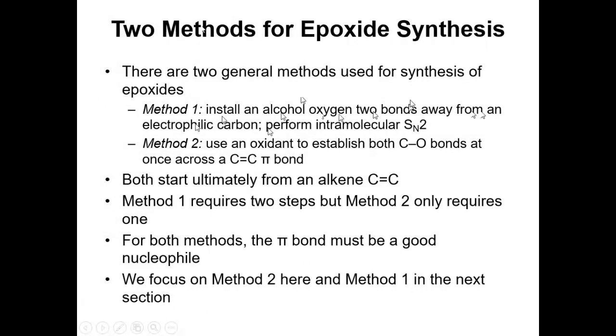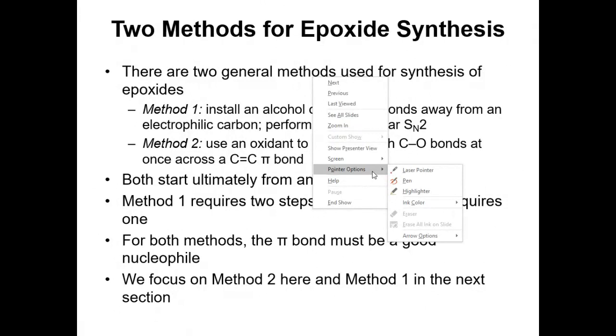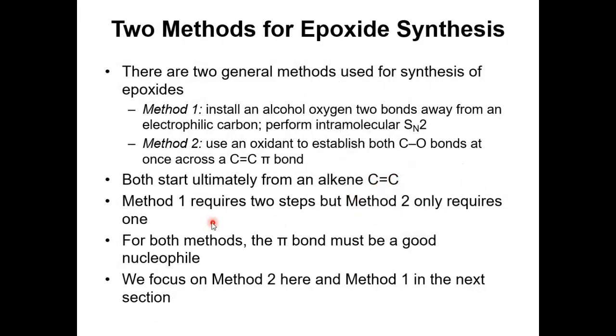Both methods start from the alkene CC double bond. The difference is that method 1 requires 2 steps, while method 2 requires only 1 step. But the peroxy acid is not a super stable compound, and if you don't have access to peroxy acid, then method 1 might be a better option.